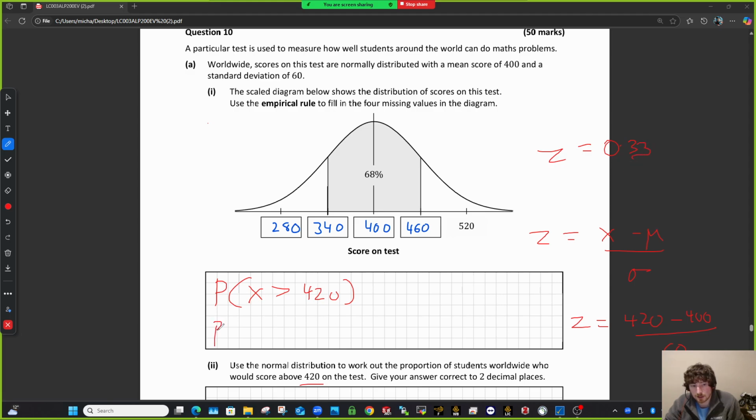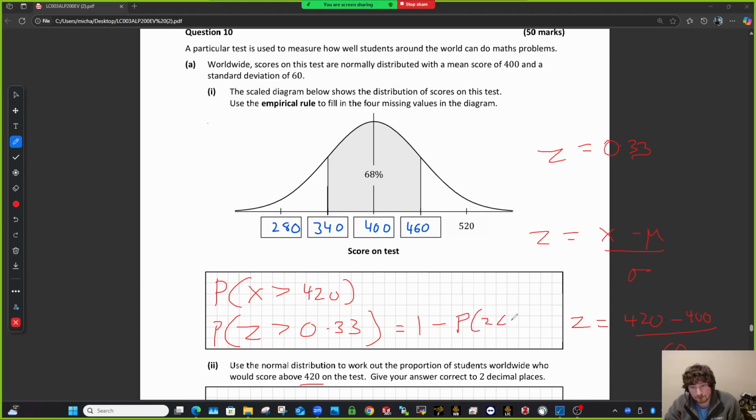You rewrite this statement now as the probability that not X, but Z is greater than 0.33. To get the area above this Z score, you go 1 minus what's below it. That value comes from the tables book.